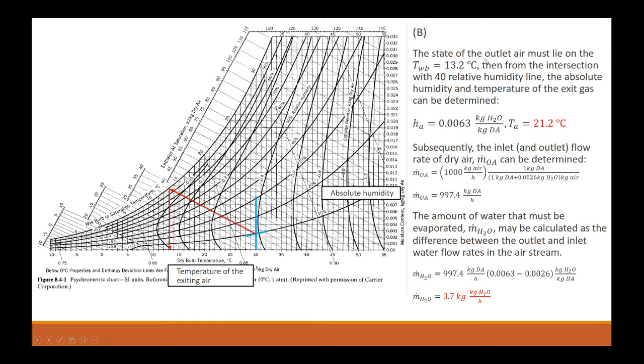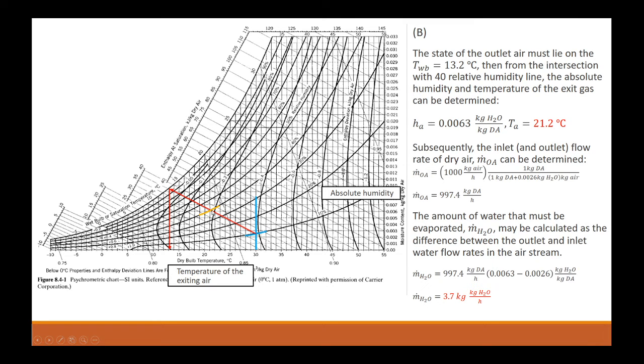So the state of the outlet air must lie on the wet bulb temperature of 13.2 degrees Celsius. Then from the intersection with 40% relative humidity, which is around this line, the absolute humidity and the temperature of the exit gas can be determined.